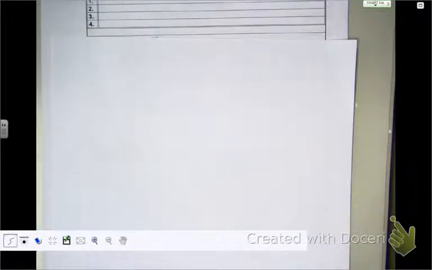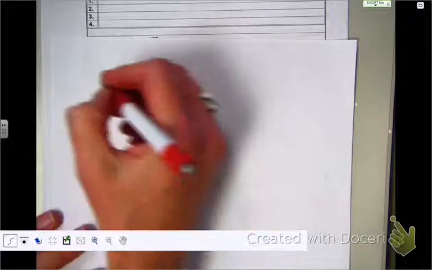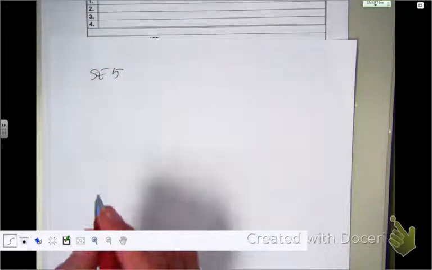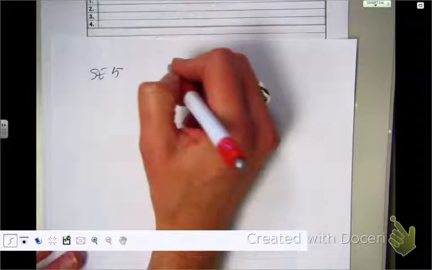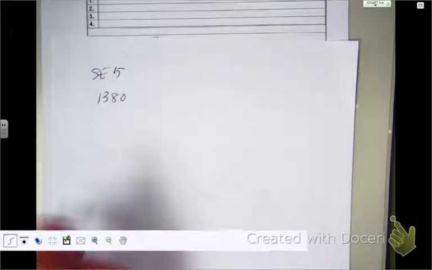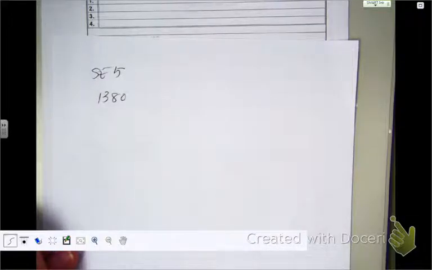So, if our wages are paid on Saturday for a 6-day work week, and wages are currently running $1,380 per week, how much is it per day that our wages are? It's $1,380 per week.